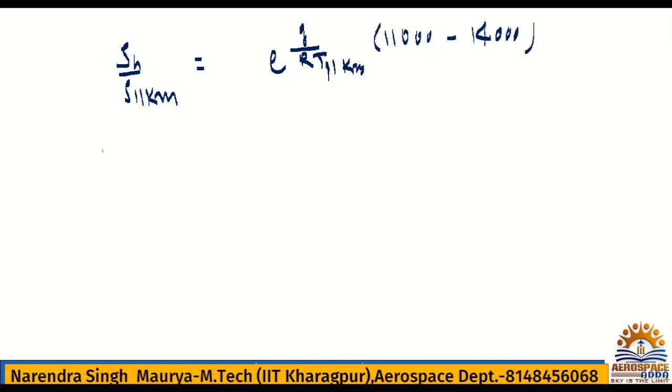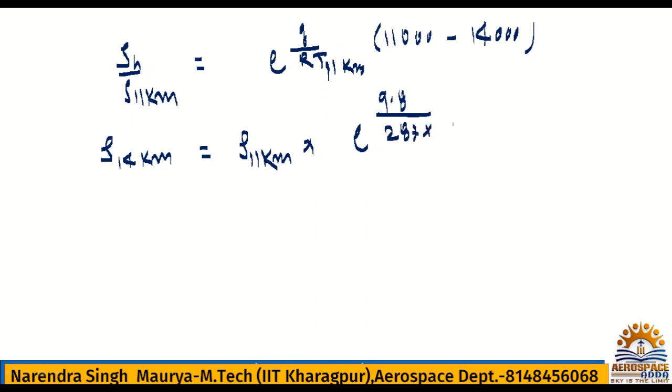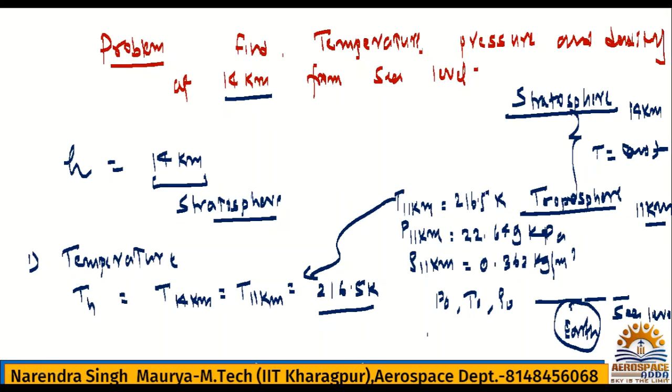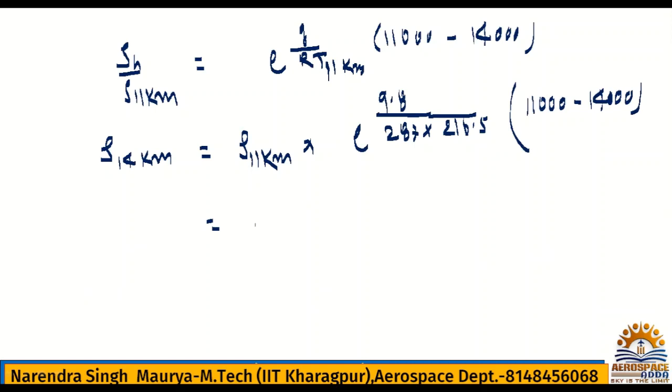So the density at 14 kilometer will be the density at 11 kilometer times e to the power of 9.8 divided by 287 and 216.5 times (11 minus 14). The 11 kilometer density you had seen is 0.362.